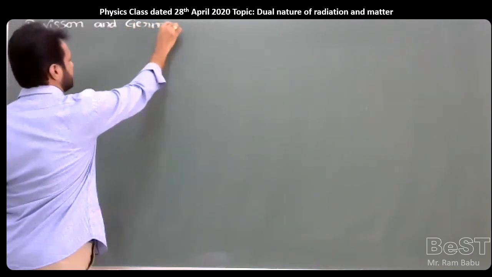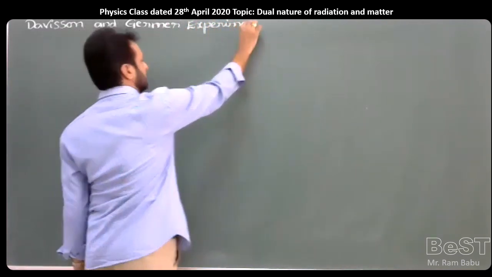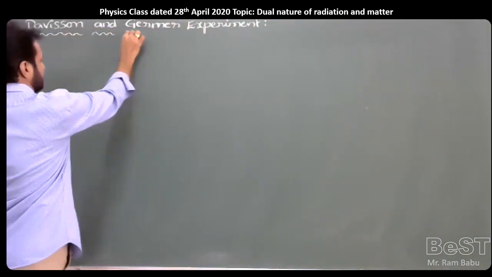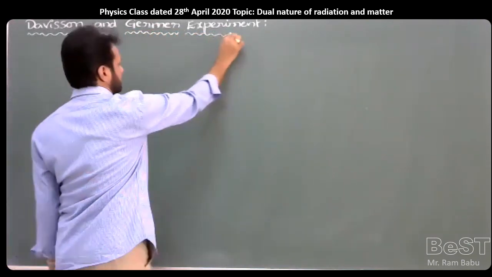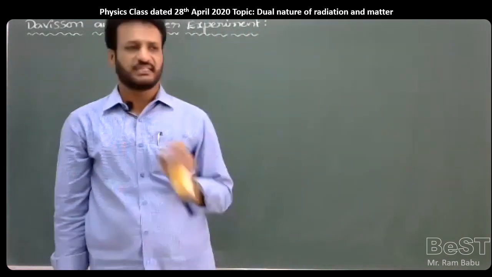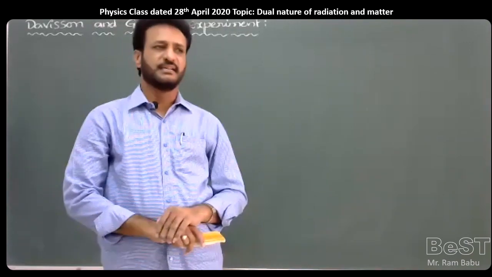And the last part of this chapter is one simple experiment, the Davisson-Germer experiment. Generally at the PU level, in the syllabus, only the experimental conclusion or result has to be considered, and the total explanation and procedure of the experiment can be neglected.